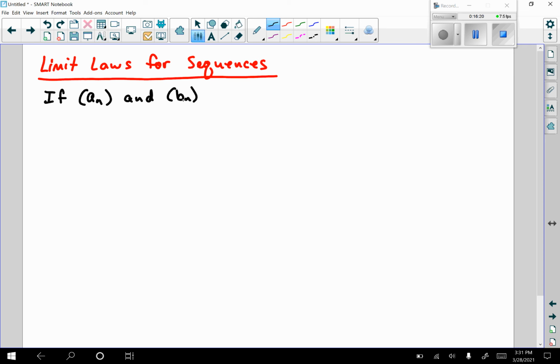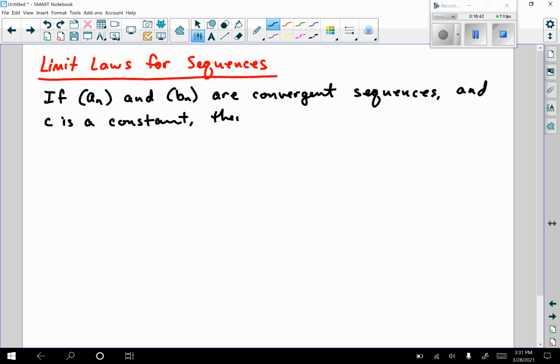And the notation here is saying that they're both sequences. But let's also say they're convergent sequences. So if a sub n and b sub n are convergent sequences, and c is a constant, then the following laws or properties hold true.